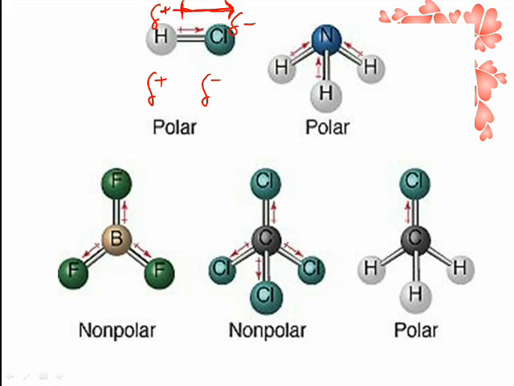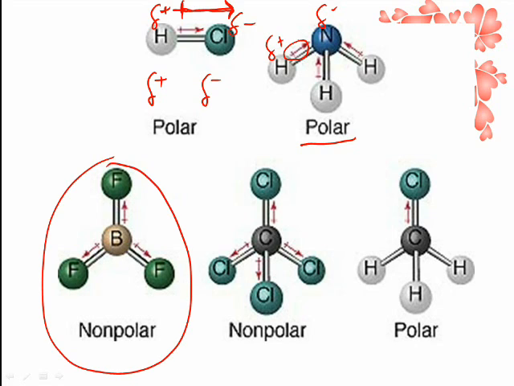Usually you will see just one of those symbols, either the arrow like this, or just the partial negative, partial positive signs. So that means it's not an ion, it's just partial. This nitrogen is partially negative because it's holding most of that electron. So these are polar, as opposed to nonpolar where they shared equally.